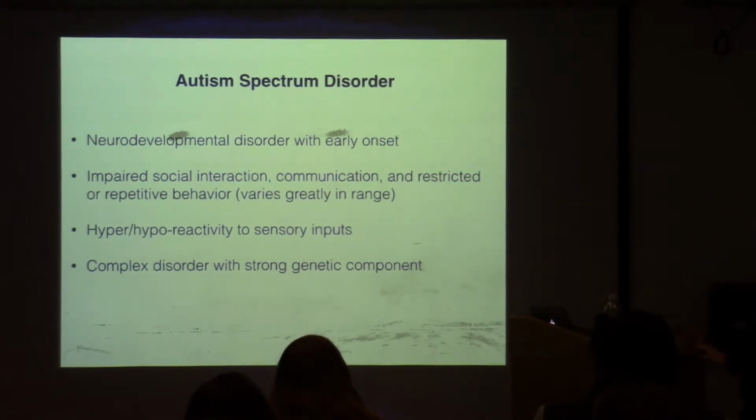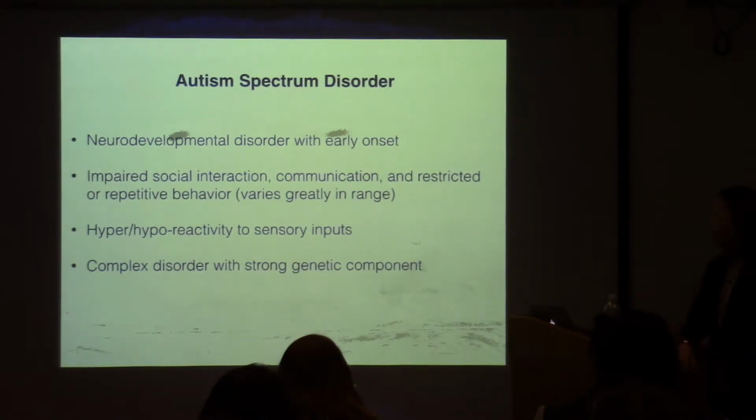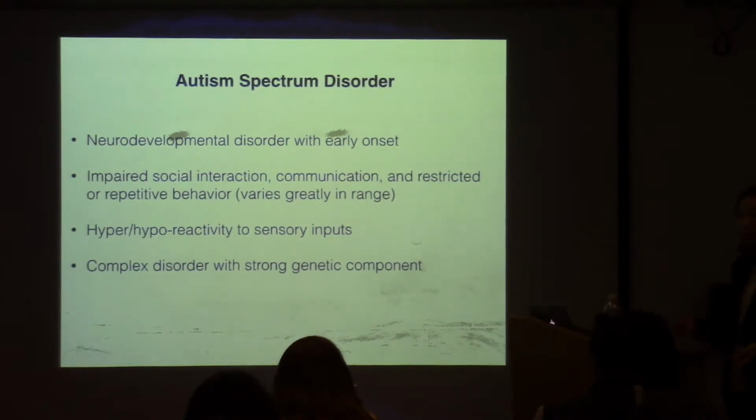The characteristics of autism include impaired social interaction, communication, and restricted and repetitive behavior, which varies greatly in range. Recently, the hyper or hyporeactivities to sensory input has been added to the diagnosis tool. And we know through a lot of research that it is a very complex disorder that involves a lot of genes and a lot of genetic pathways.